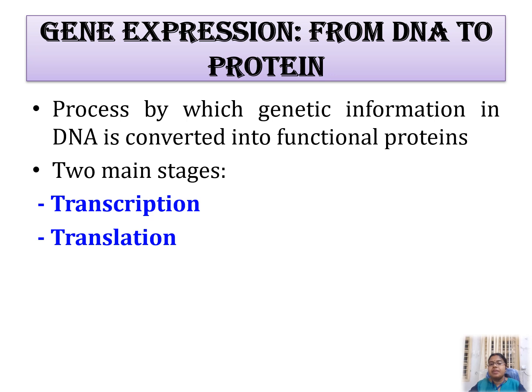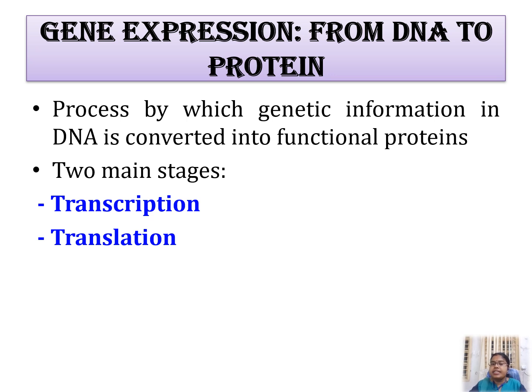So there are three main categories: replication, transcription, and translation. Gene expression deals with transcription and translation. Combining these three processes, it is known as the central dogma of life. Replication means DNA to DNA. DNA to RNA formation is known as transcription. And finally, RNA to protein is known as translation.